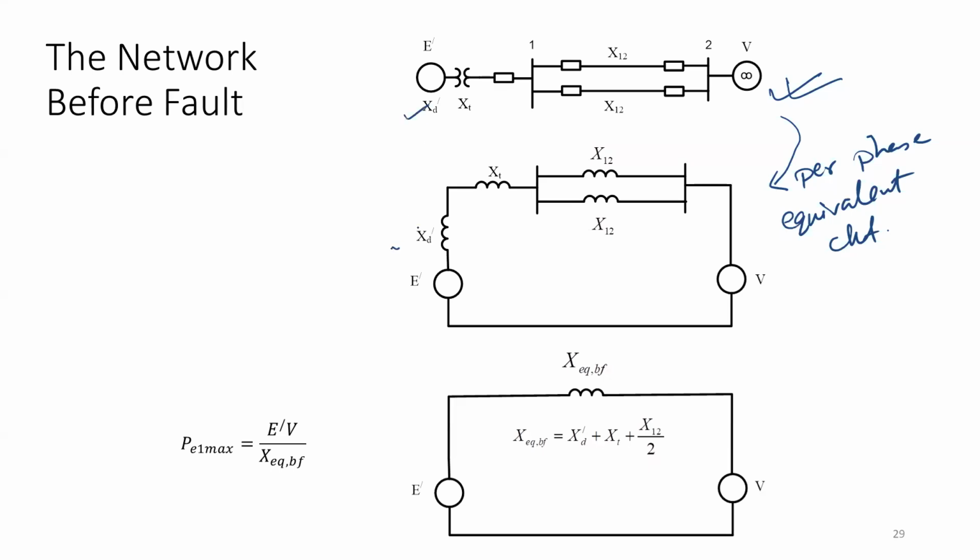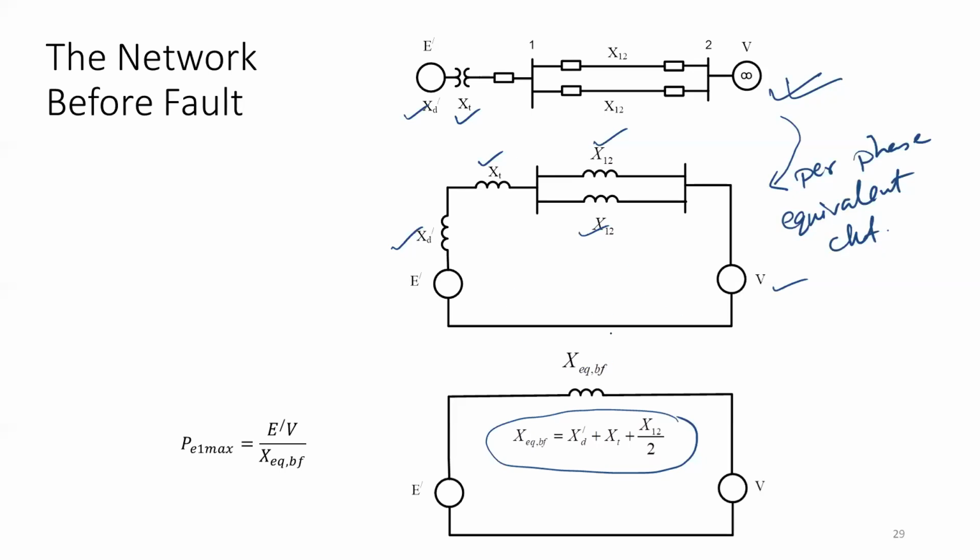We can see this Xd dash is given over here. This Xt is taken care of over here. X12 is the impedance of both the lines, and we are assuming there is no resistive part, only inductive in nature. So we are taking the inductance in X12, both are similar. And then this is the infinite bus. All of you already know what the X equivalent is.